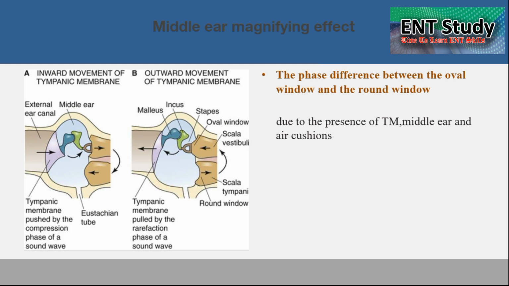In the presence of a large perforation of the tympanic membrane, there will be a loss of this phasal difference. Sound reaching the oval and round window with the same phase will cancel each other, and there will be perilymph stasis and deafness.